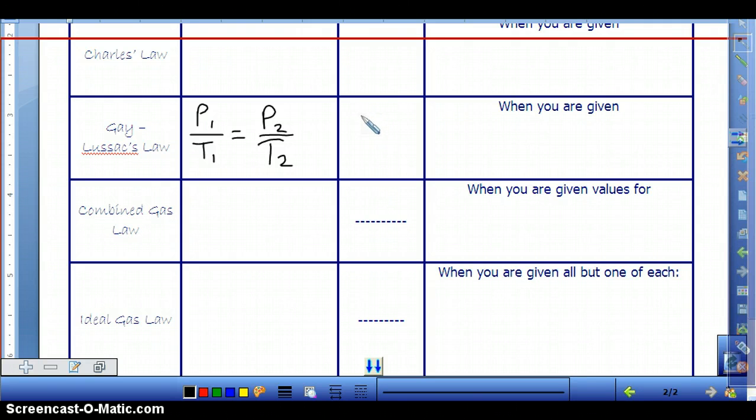So when you write this one, an increase in T would cause an increase in P, and a decrease in T would cause a decrease in P. You would use Gay-Lussac's law when you're given pressure, and you can write the same units that you wrote before.